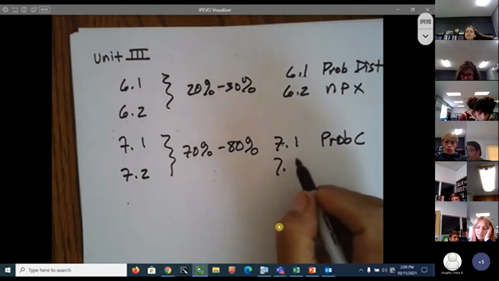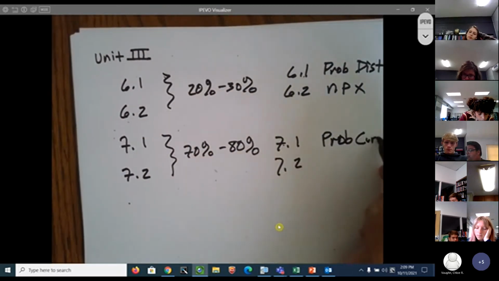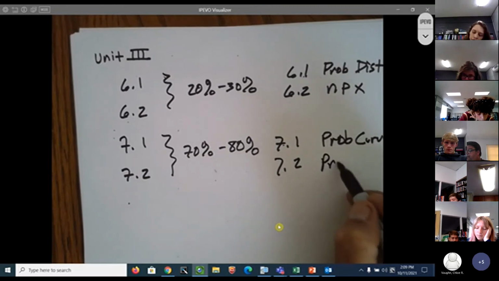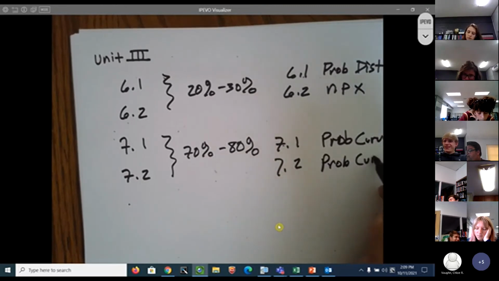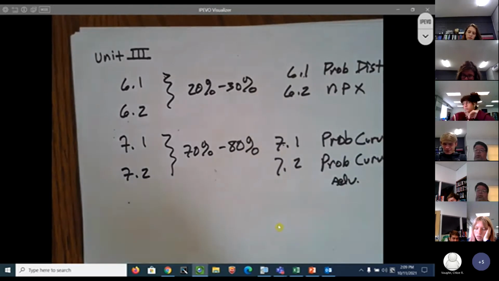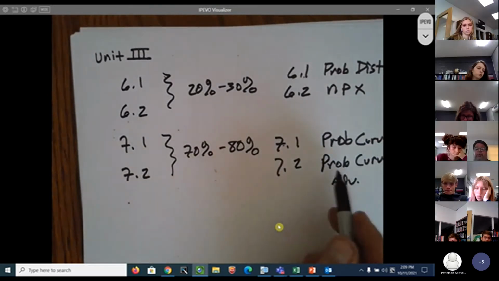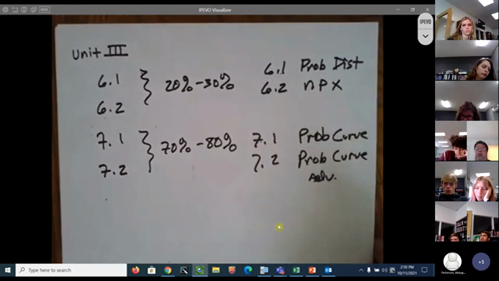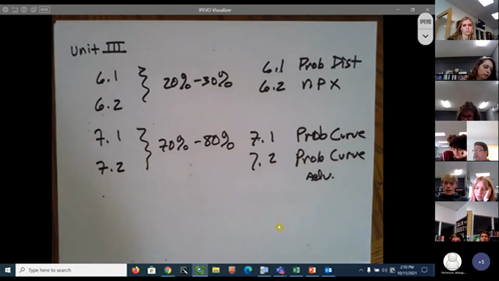And 7.2 is probability under the curve, advanced. Okay, so we're talking about more difficult problems. Okay, so that's what it looks like.